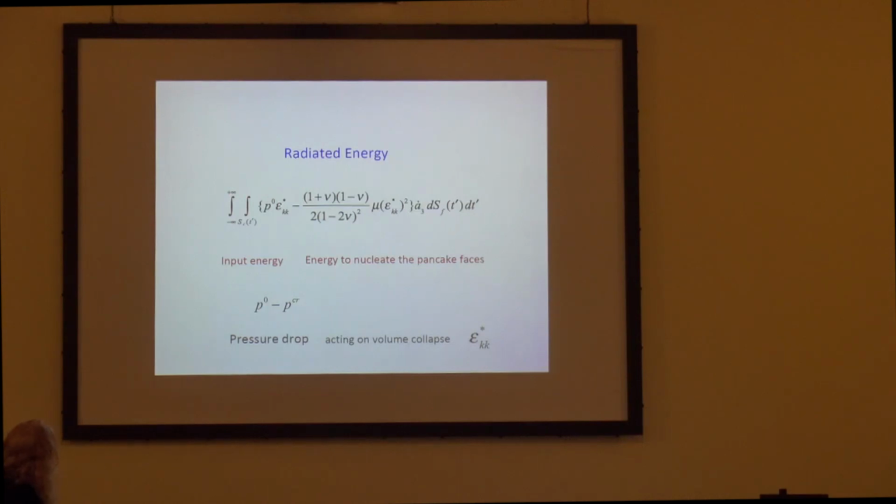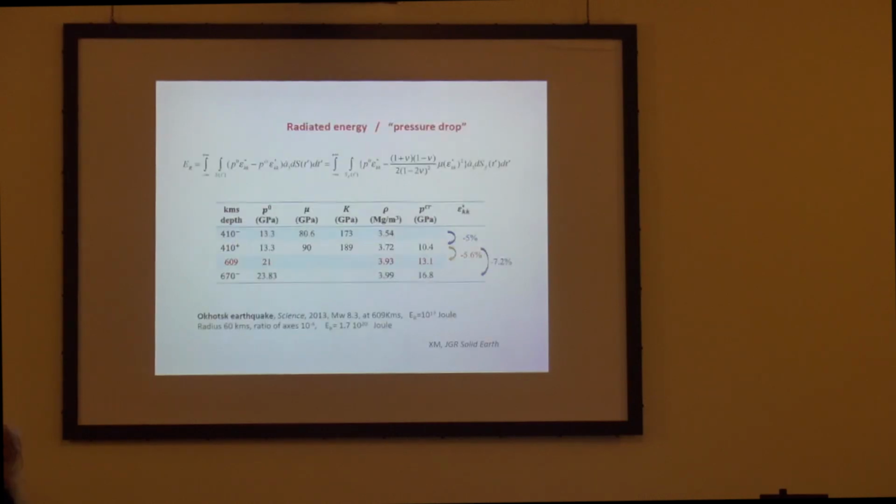With this calculation, here I show for the deep earthquakes that have exactly the values of the materials, the geological materials, the phase, the change in density, and at this Oxcosh earthquake, magnitude 8.3 on the Richter scale at 609 kilometers.